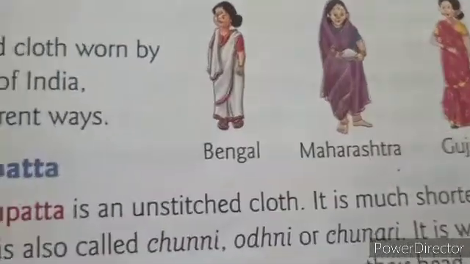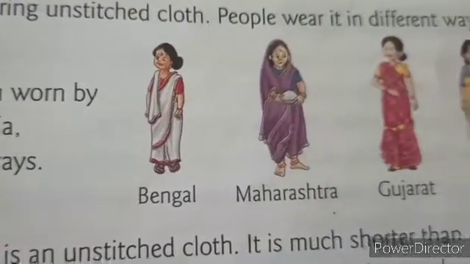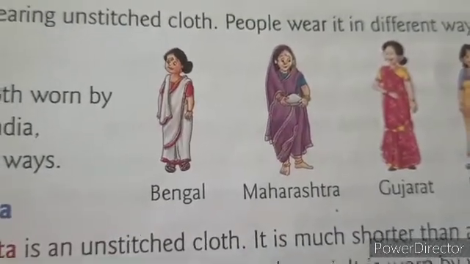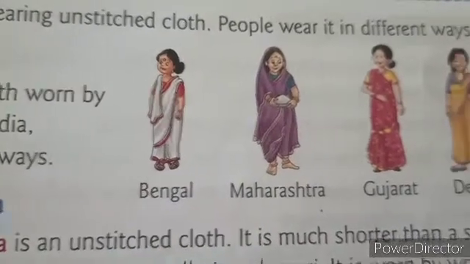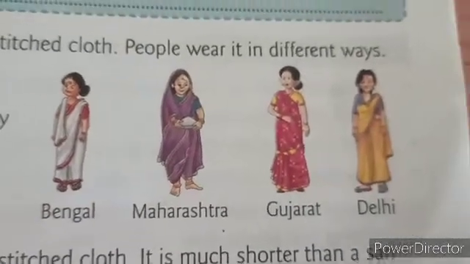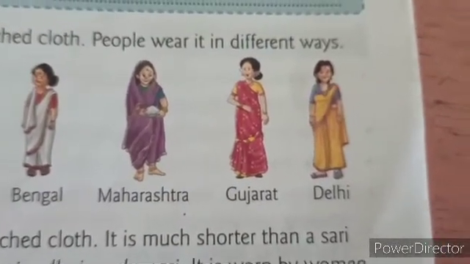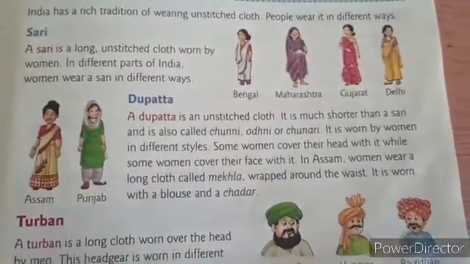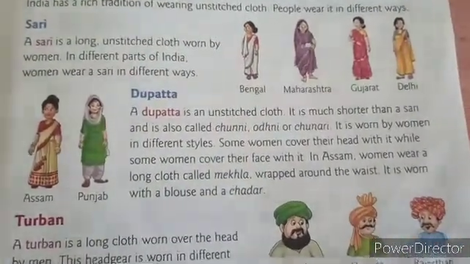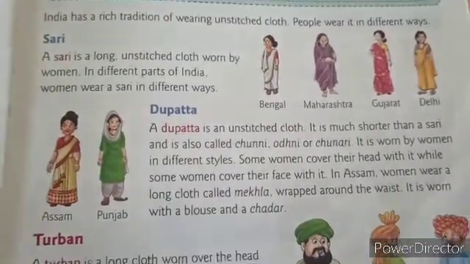This is the way by which Bengali women wear sari. This is the way Maharashtrian women from Maharashtra wear in this manner. This is from Gujarat, but all are sari. Delhi women wear in this way.